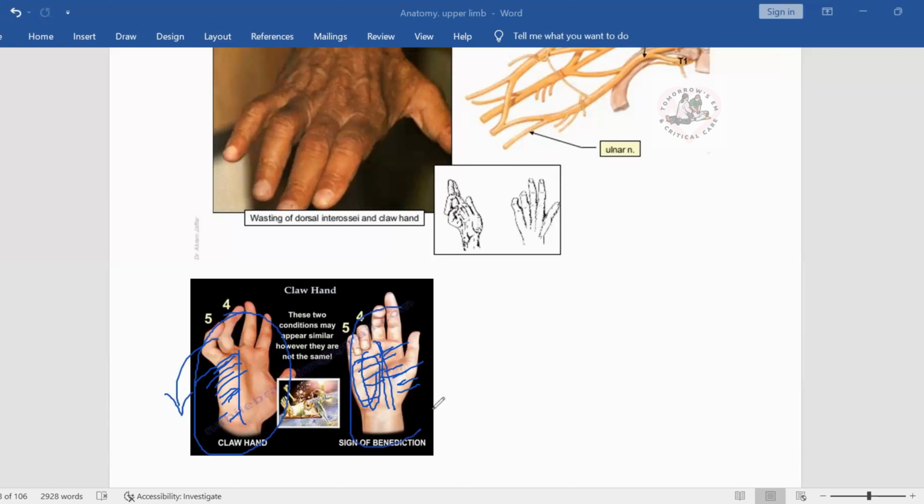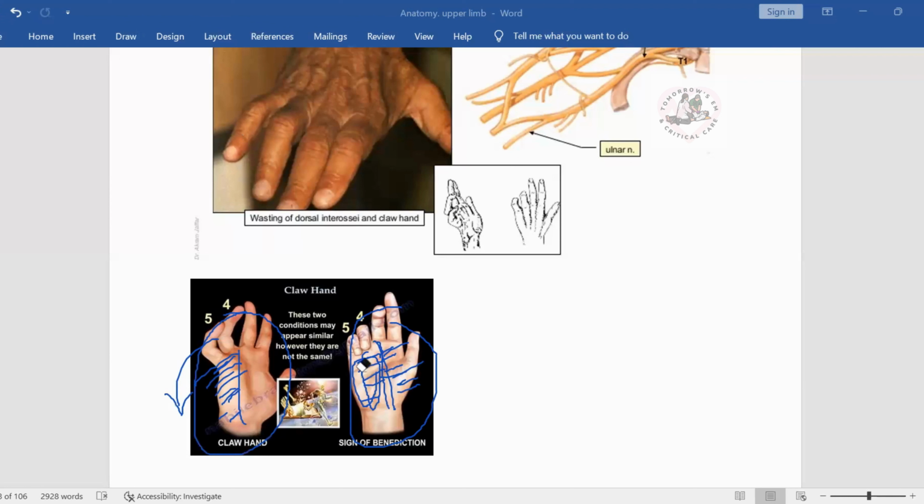This one is called the median variety of claw hand. Ulnar variety of claw hand is caused by a distal or proximal lesion. Distal lesion means a lesion in the distal forearm or hand. Clear? Proximal lesion means if there is any fracture in the upper arm, mid arm or upper forearm.